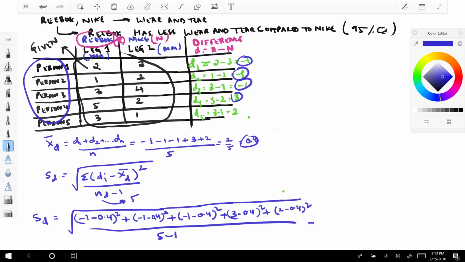If you calculate this, it's going to be 1.9493.